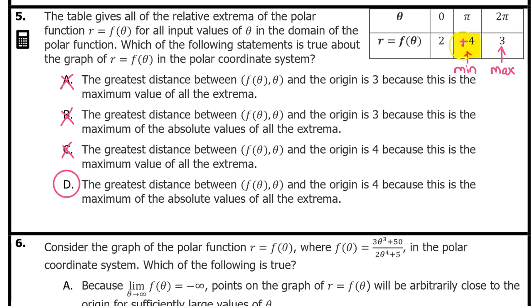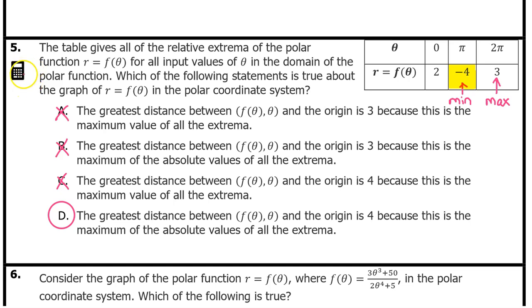And now we see that the distances from 0 of these relative extrema are 2, 4, and 3. Again, the greatest distance between the point and the origin is 4 because this is the maximum of the absolute values of all the extrema. Not sure why that one was calculator active.